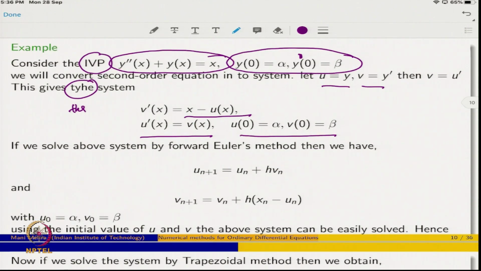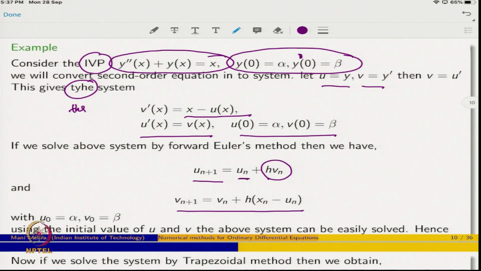Okay. So, if we solve the above system by forward Euler method, what will be the difference equation? We have seen un plus 1 is equal to un plus h into un dash, which is basically vn here, and we will also write a difference equation for Vn plus 1 here.